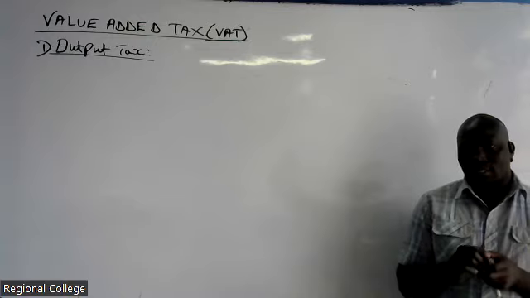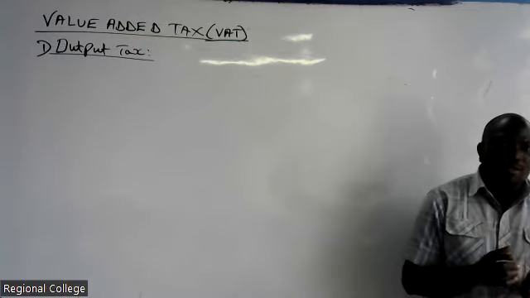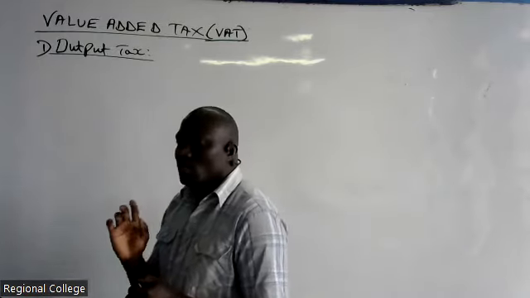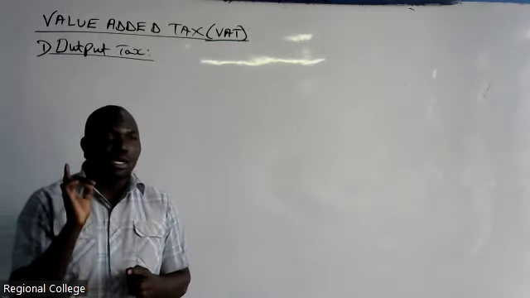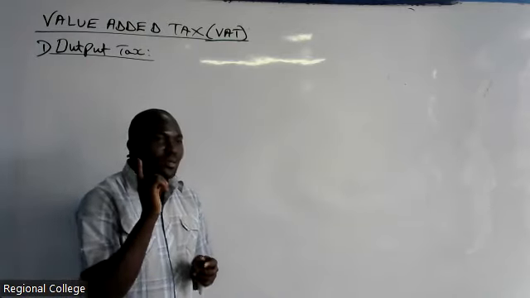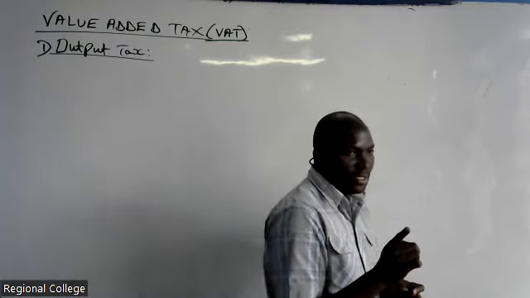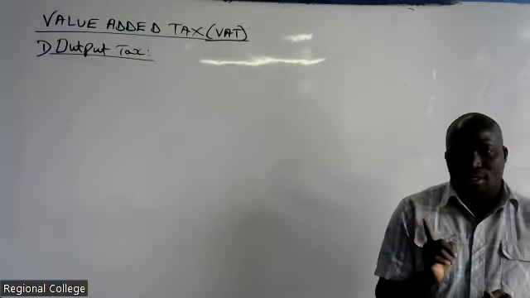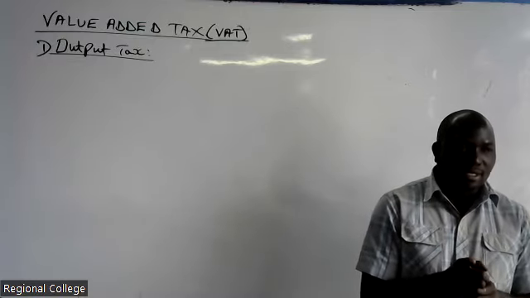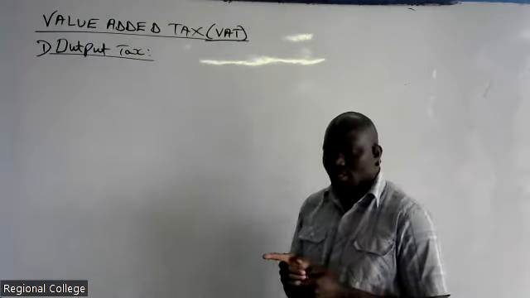Several items with those features. If I go to the supermarket and buy maize flour, I think this one they favor us: maize flour 0%. But wheat flour is charged VAT. Because ugali is never a luxury, right? So ugali is a necessity.